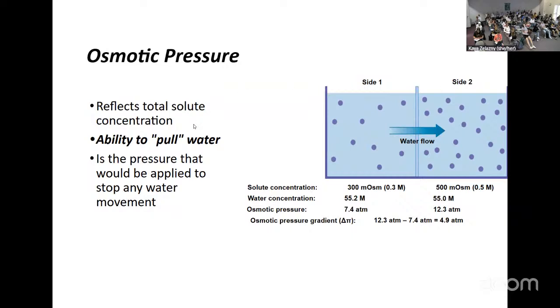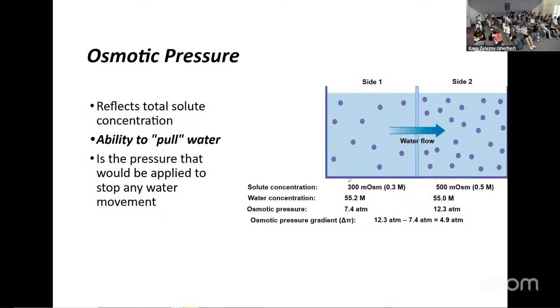So when the word pressure is in this, we're thinking about, okay, our solutes are pulling on water. How hard would we have to work to stop that pull? Like how much pressure would we have to apply? How much force would we have to apply to equal out that pull? So we can see how that links up with our solute concentration and our water concentration here.